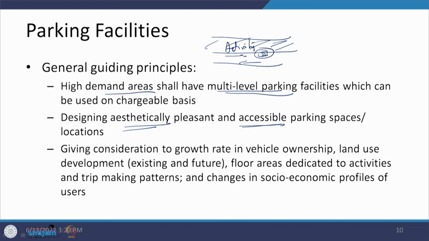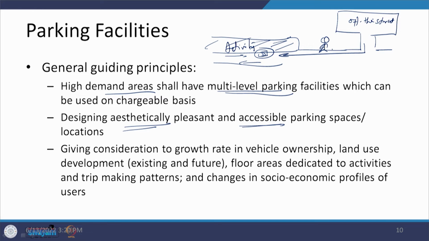If this space is provided, it is fine, but say we are talking about a case where there is an off street parking facility like this. If this off street parking facility is there, then the person has to walk this much distance.